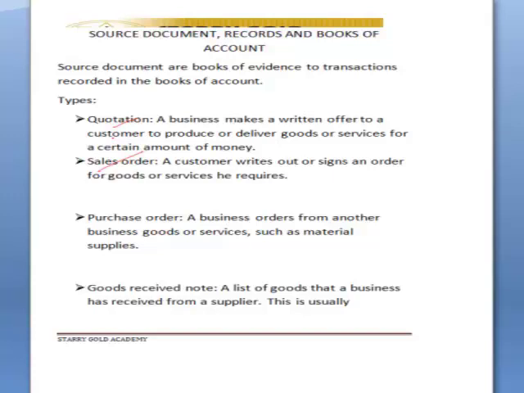Also, we have purchase order as a source document. A business orders from another business goods and services such as material supplies. Goods received note is also a source document, and a goods received note is a list of goods that a business has received from a supplier.